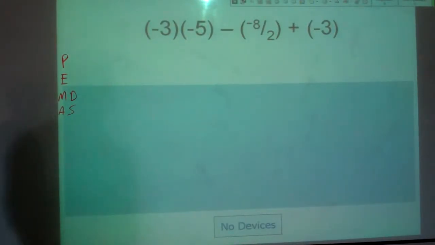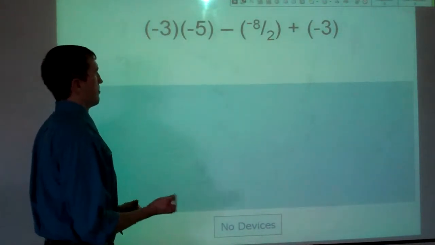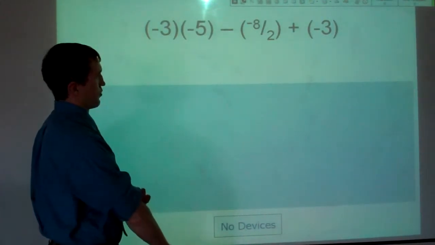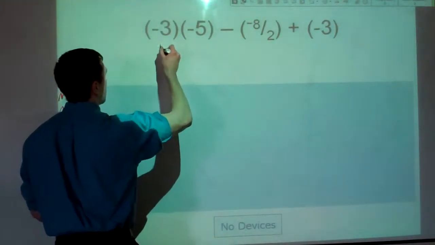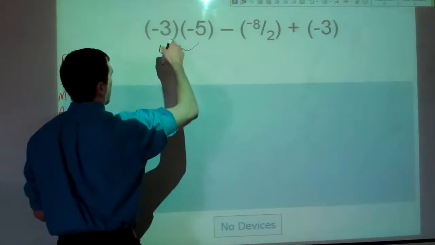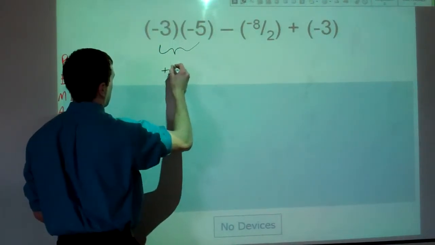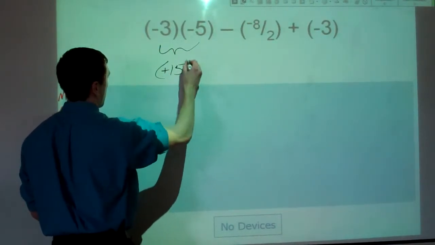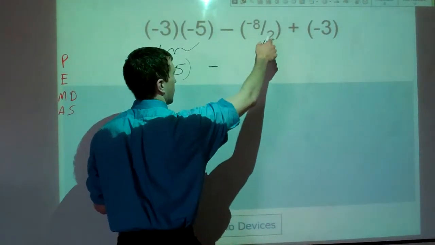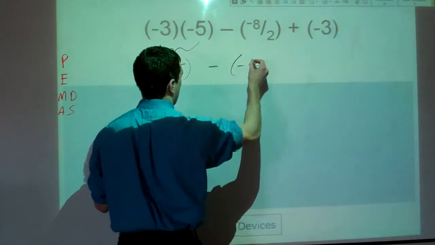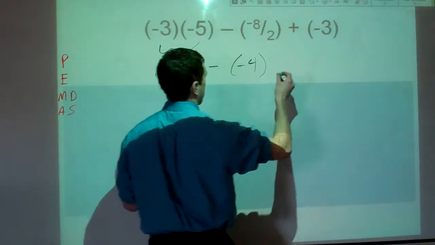Alright, so we've got negative 3 times negative 5 minus negative 8 divided by 2 plus negative 3. So we want to multiply these. Negative 3 times negative 5 is a positive 15. And we're going to have minus negative 8 divided by 2 is a negative 4 plus a negative 3.